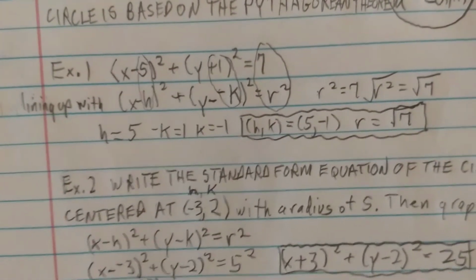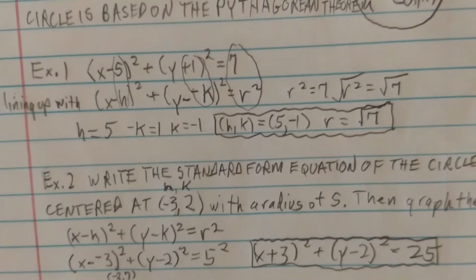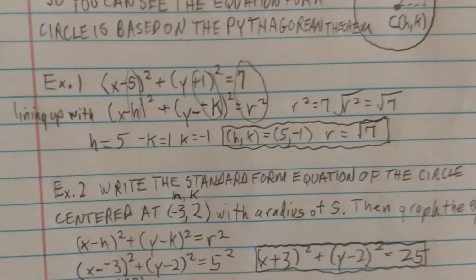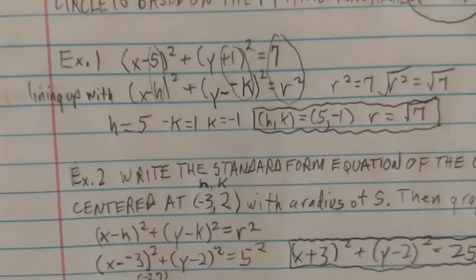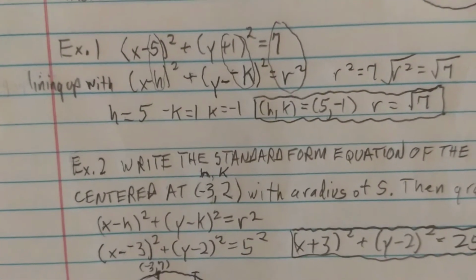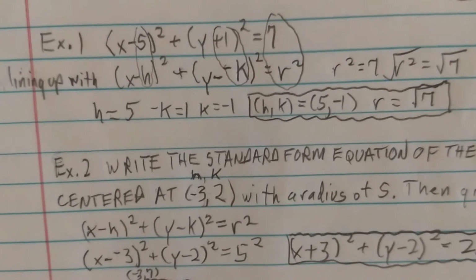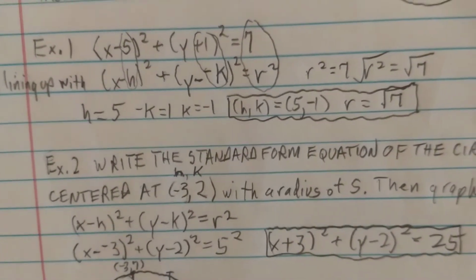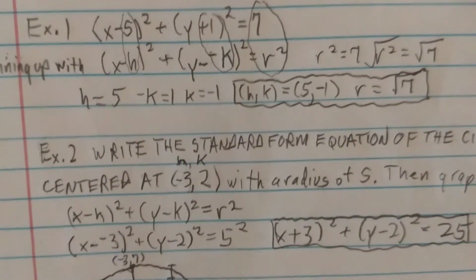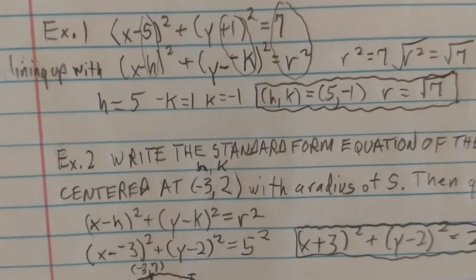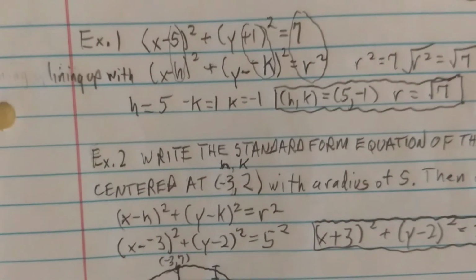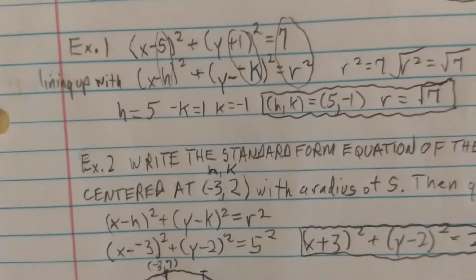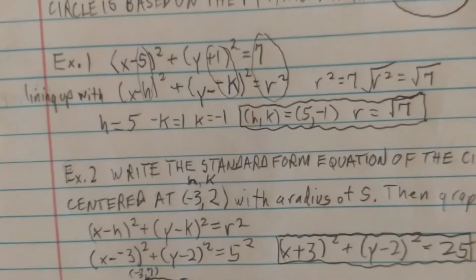Now the first thing we have to do is just learn to recognize the h and the k of the center in the equation, and that it's equal to r squared. So I'm circling that to line it up with the equation: (x minus 5) squared plus (y plus 1) squared equals 7. Since both x minus 5 and the standard form x minus h have a minus, then h is 5, the x part of the center of the circle.